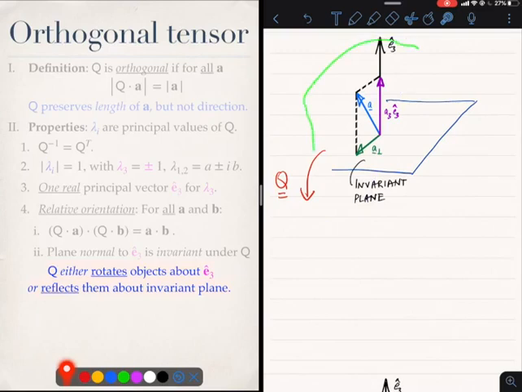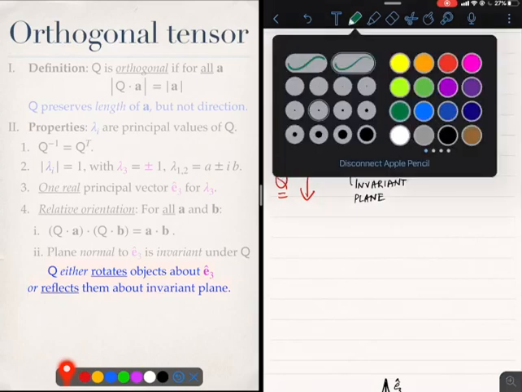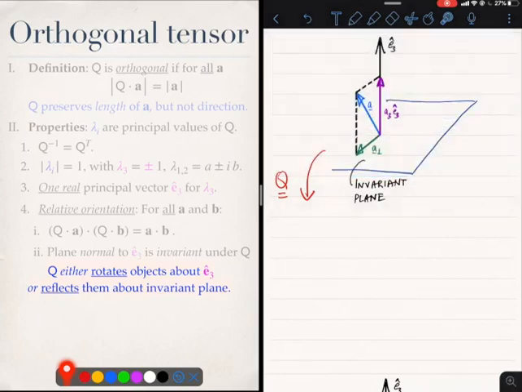Okay, this picture. So over here I have a vector A, and what I have done is that I have simply split the vector A into a component in the invariant plane and a component along the principal vector E3.